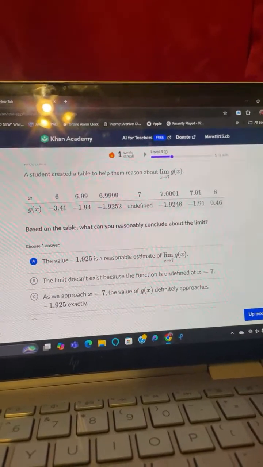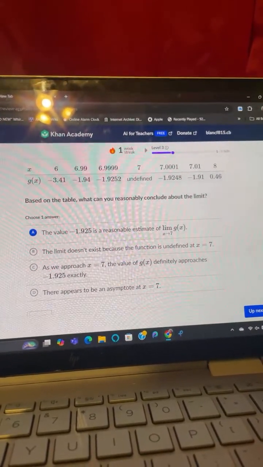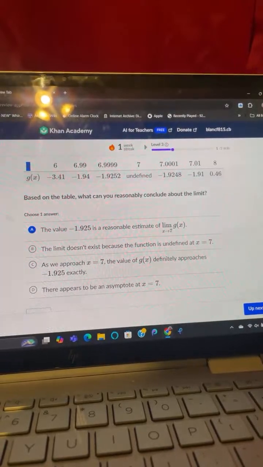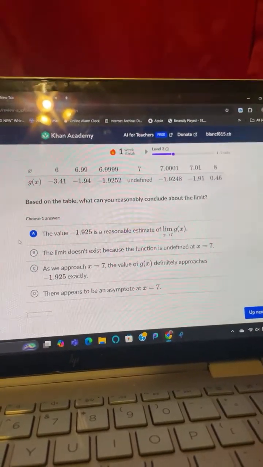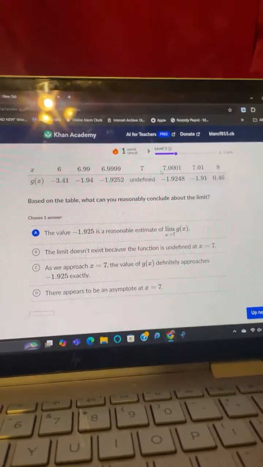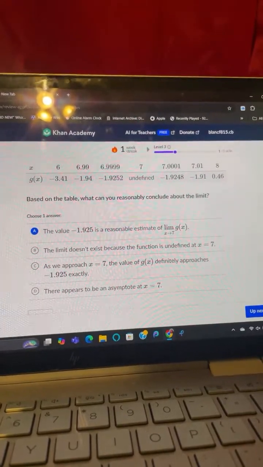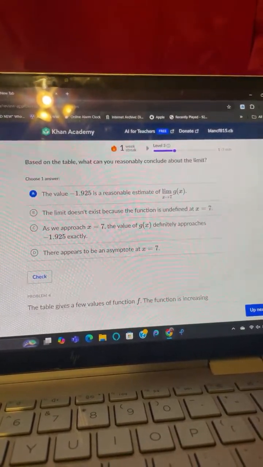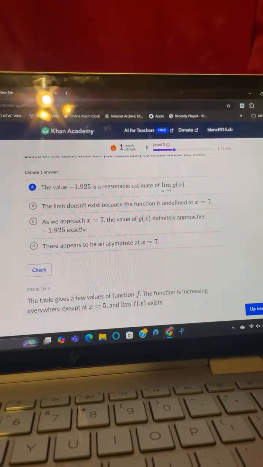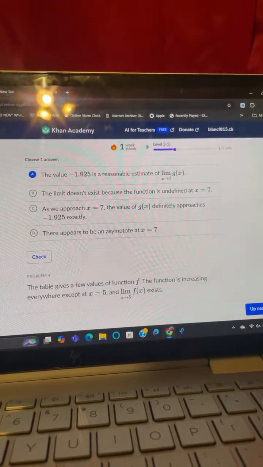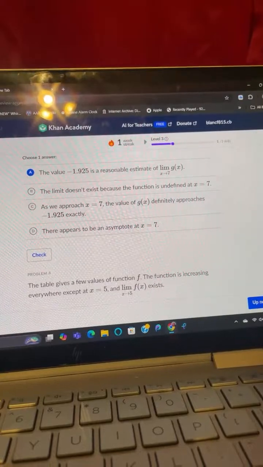If the limit does not exist, then it's basically like having two different lines or formulas that do not connect at the same location, which is stipulated in here.